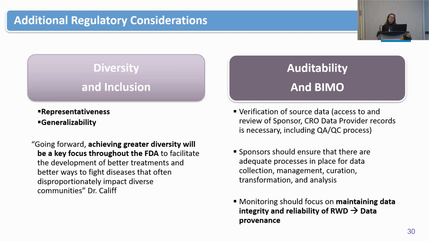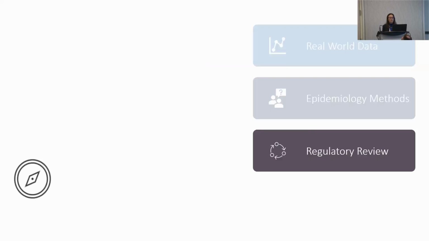But it's important to think about even when you're doing research, because I think decision-making, whether it's regulatory, clinical, or otherwise, should be built on sound evidence. And think about the data provenance, the curation processes, and all that goes into your analytics as you are focused on maintaining data integrity and reliability throughout your study.